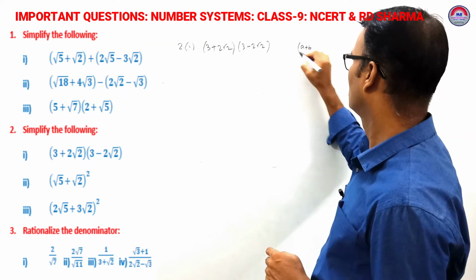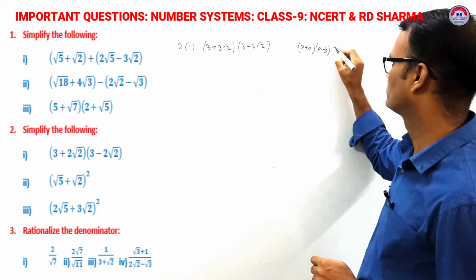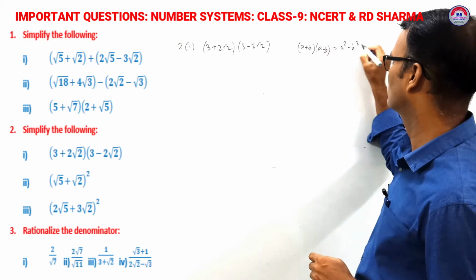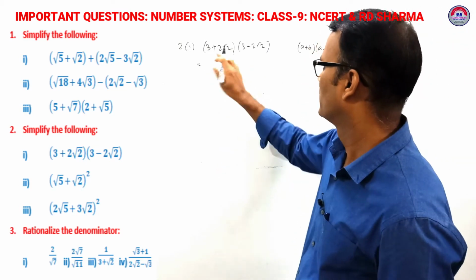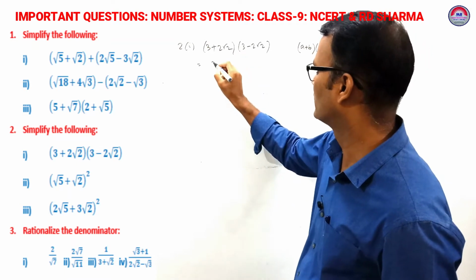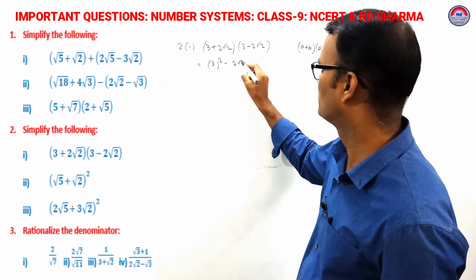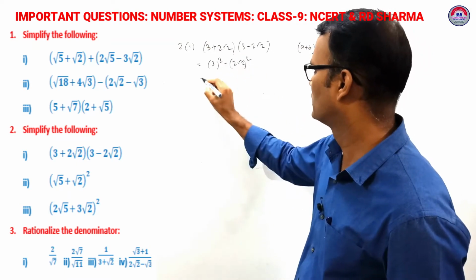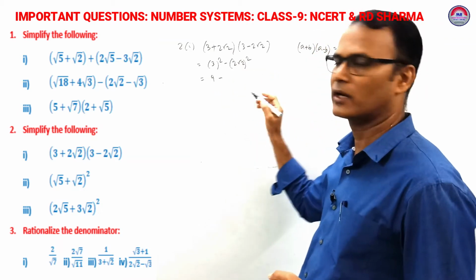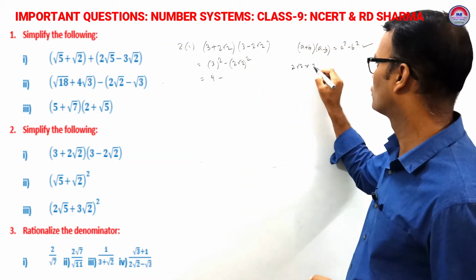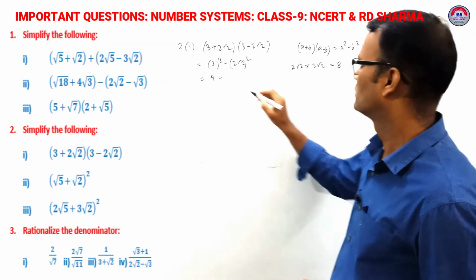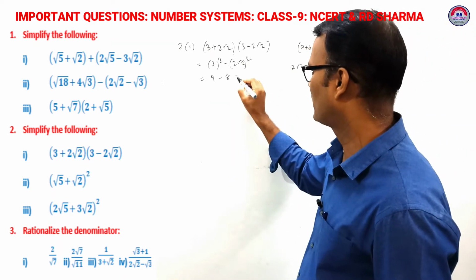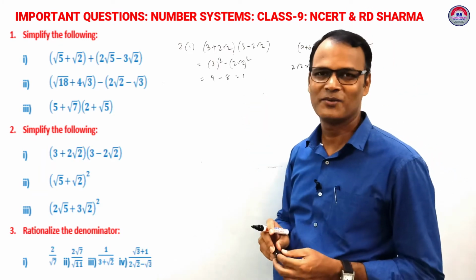Just apply this formula, a plus b, a minus b, so a square minus b square. 9 minus 2 root 2 square, 2 into 2 is 4, 4 into 2 is 8. So 9 minus 8 is what? Answer is 1.